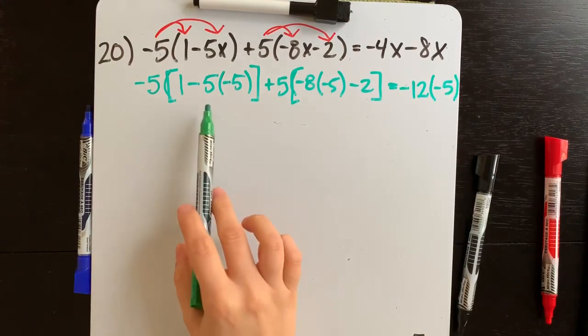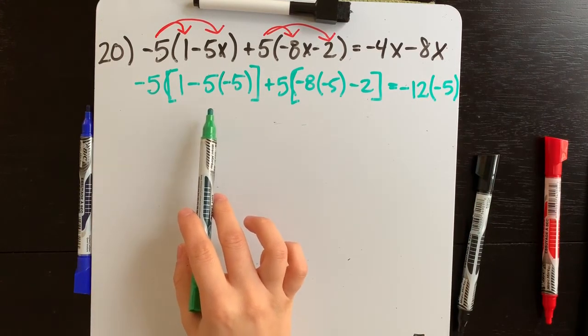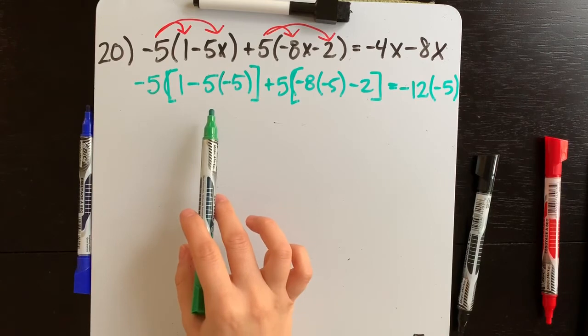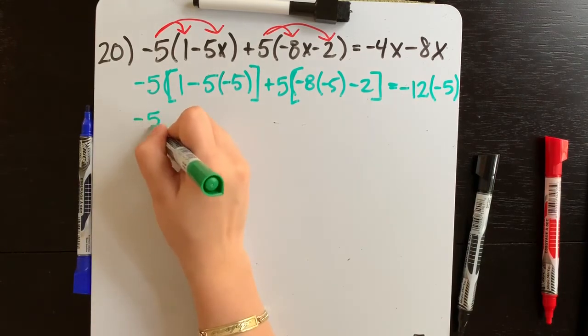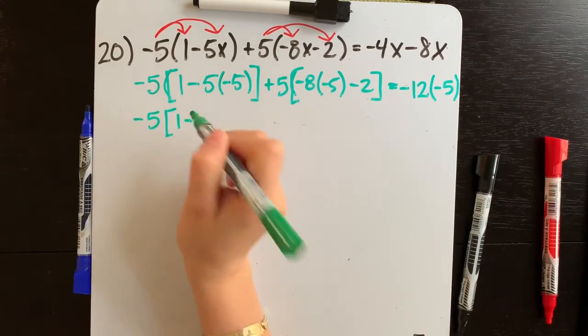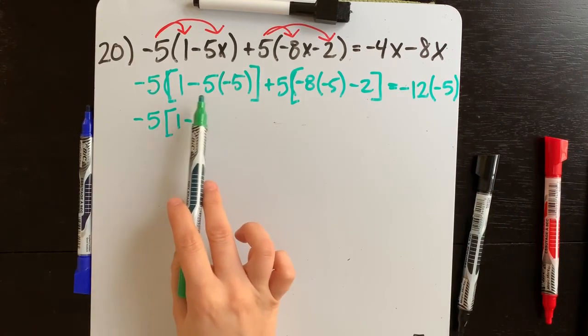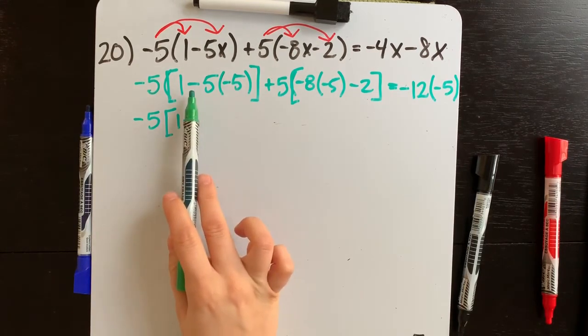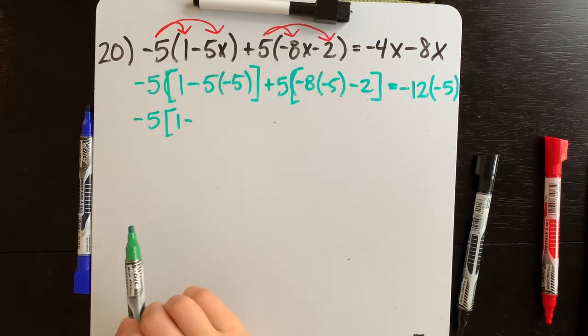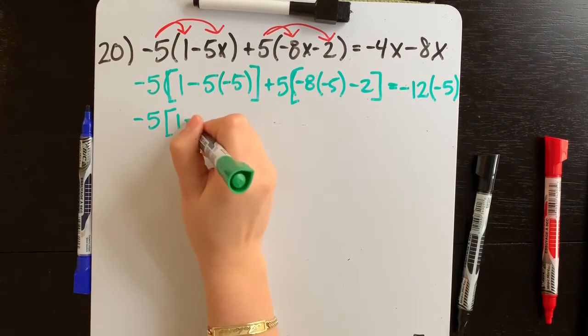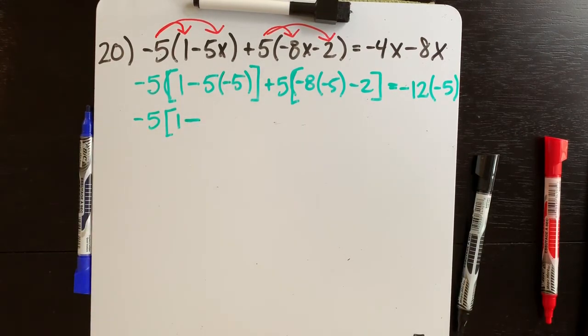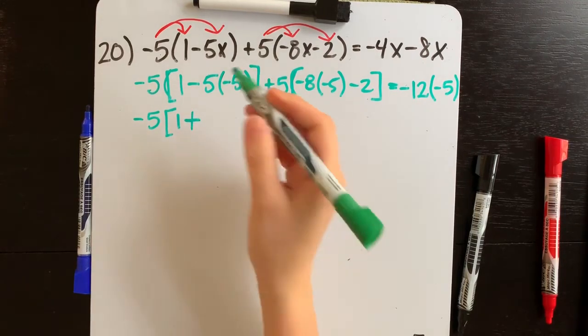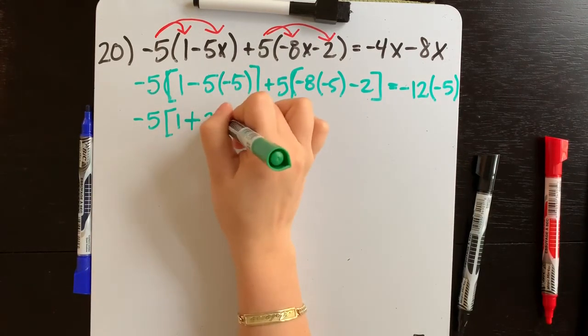Okay, so always solve what's inside the parentheses first. So you want to do -5 times a -5. A negative times a negative makes a positive, and you can see right now. So notice how I draw a negative first, and I draw another negative. Notice how that makes a positive. And then 5 times 5 is 25.